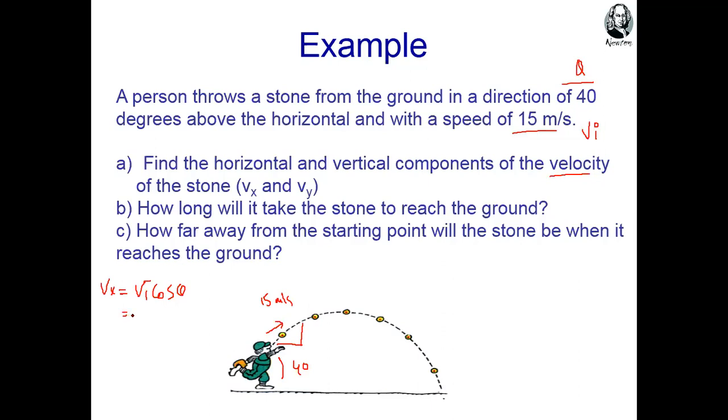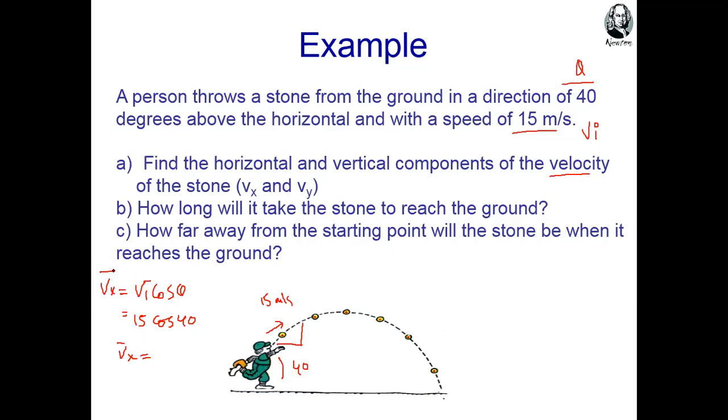And what is Vi? Vi is 15 into cosine of 40 degrees. So first of all, please find out cosine of 40, then multiply with 15. Equal to what? Who will solve? Nobody.